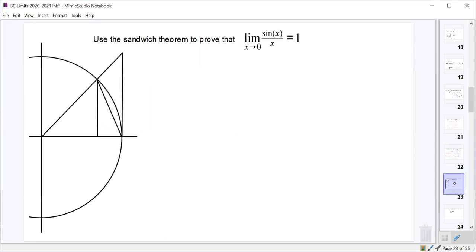All right. Let's see if we can use the sandwich theorem to prove this limit, that the limit as x approaches 0 of sine x over x is 1. I know we could do it really easily using L'Hopital's rule, but tough luck, you can't. Anybody remember how we did this last year? We should have proven this last year.